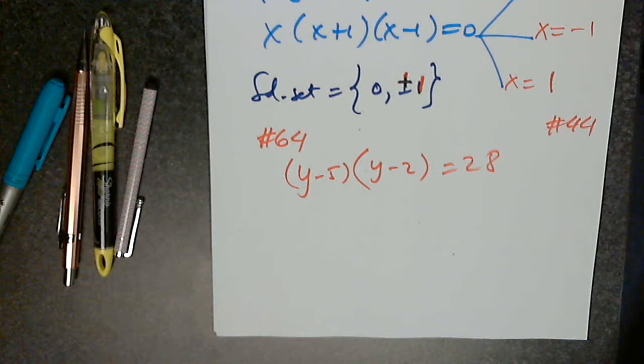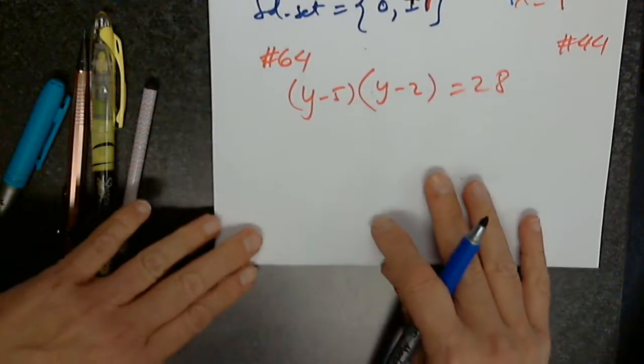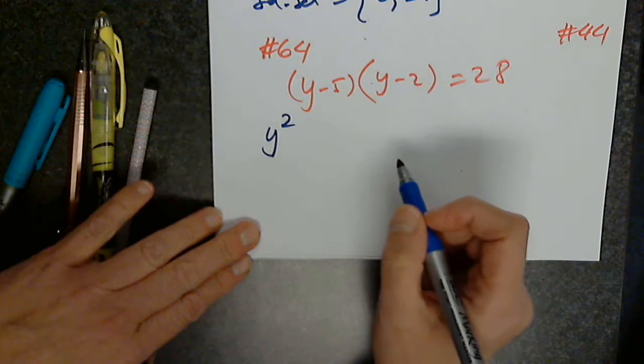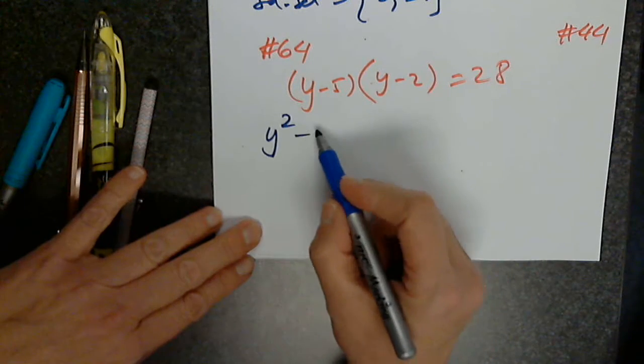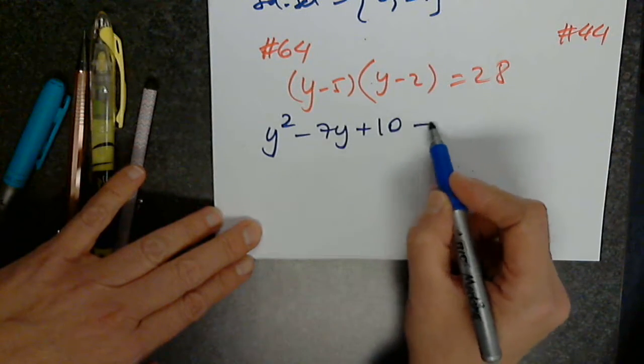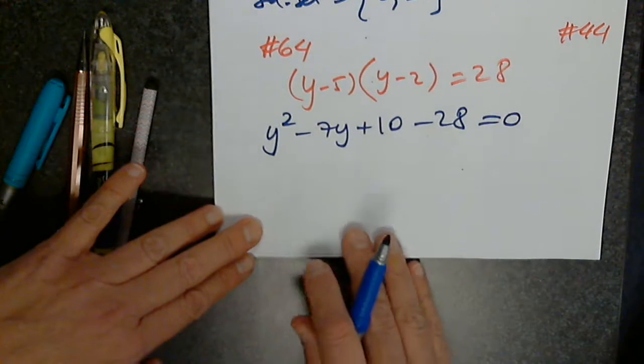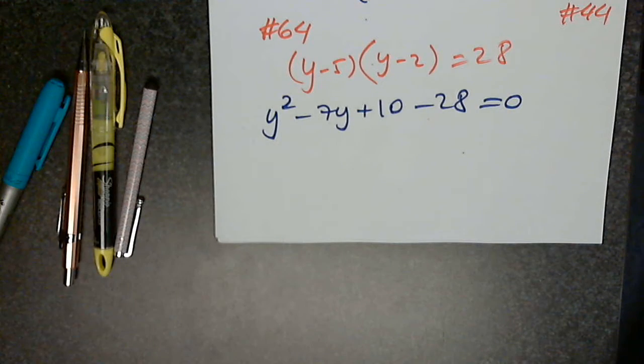Okay, can anyone suggest anything? Say it again. Yes, of course. So I have y squared, and then minus 28. Very good.